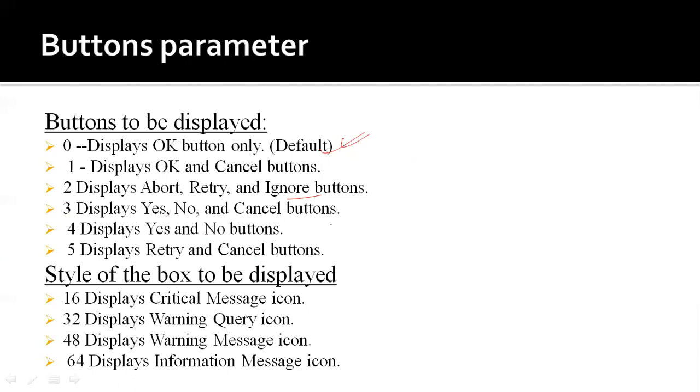And there are different types of styles also. Message box style: 16 is used to display the critical message icon, 32 is used to display the warning query icon, 48 is used to display the warning message icon, and 64 is used to display the information message icon.